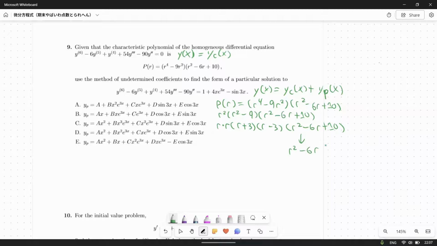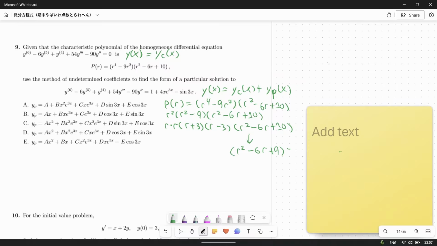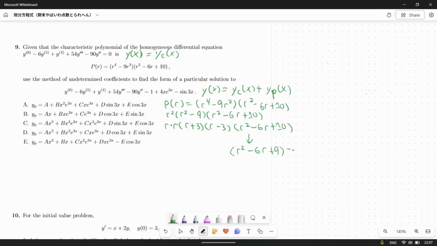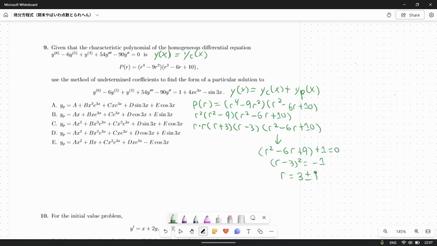So r squared minus 6r plus 9 plus 1 is equal to 0, and then r minus 3 squared is going to be equal to -1, so r is ultimately going to be equal to 3 plus or minus i. And so from here, the remaining r values are going to be equal to 0, 0, 3, and -3.